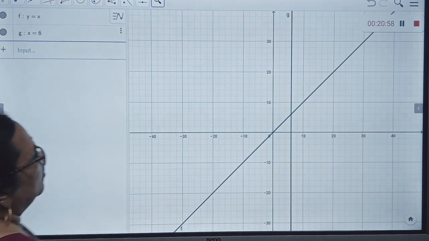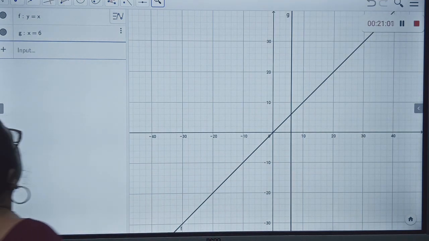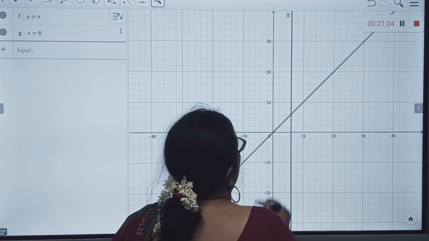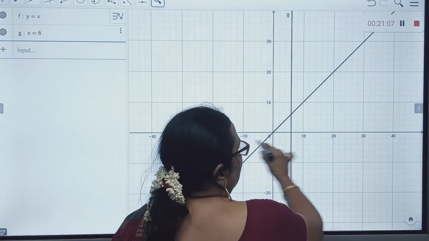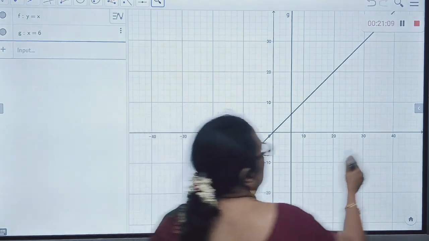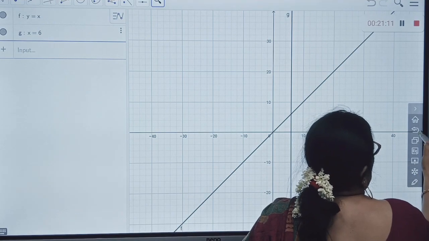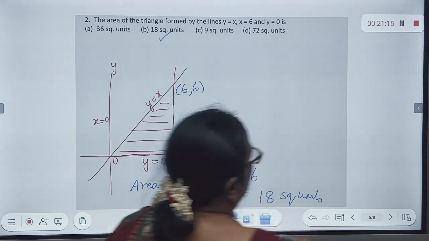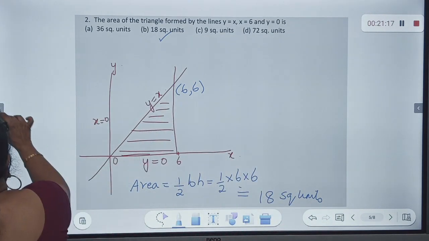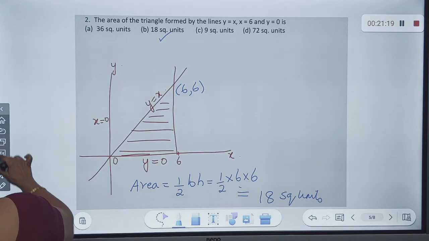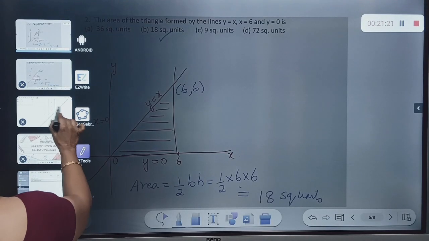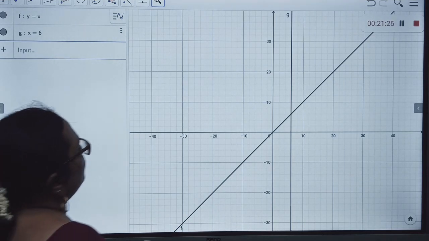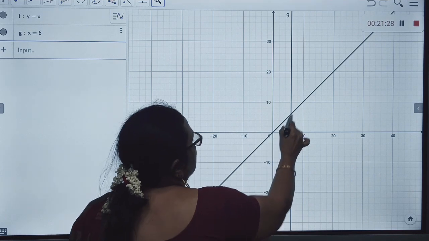Now, what is this point? So, x equal to 6. So, this is x equal to 6. And this is the x-axis, which is y equal to 0. Now, what will be the area of this triangle?